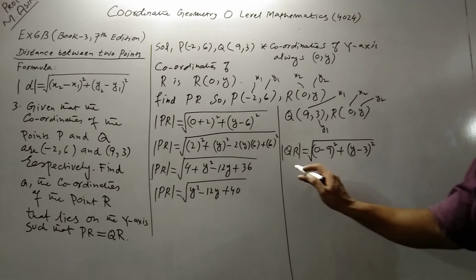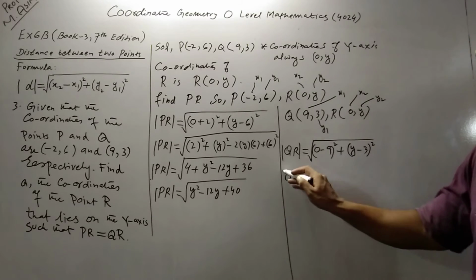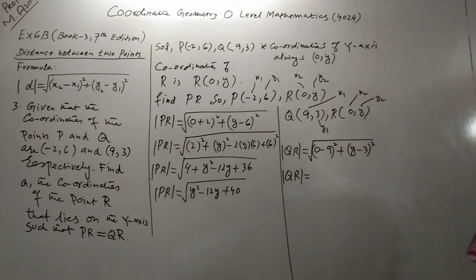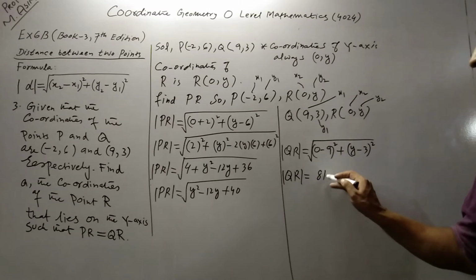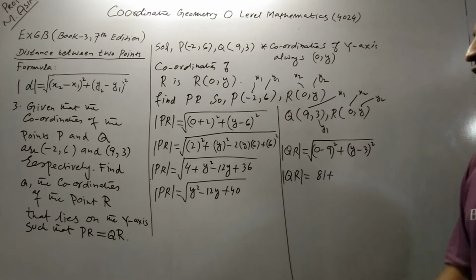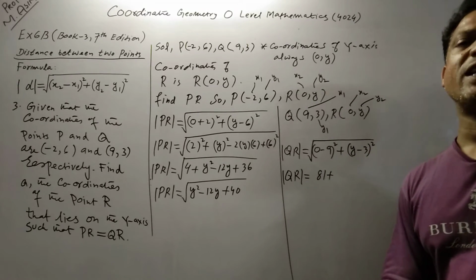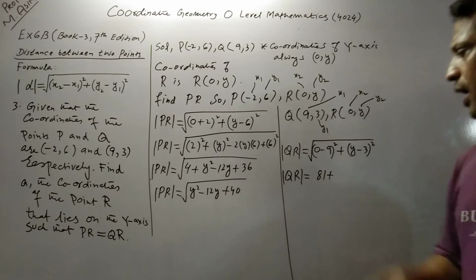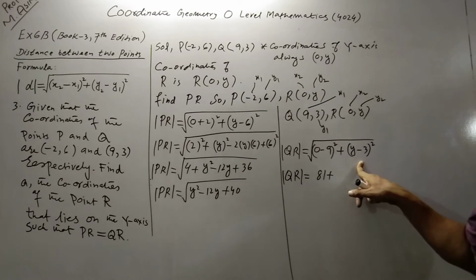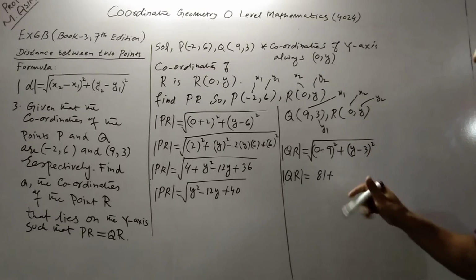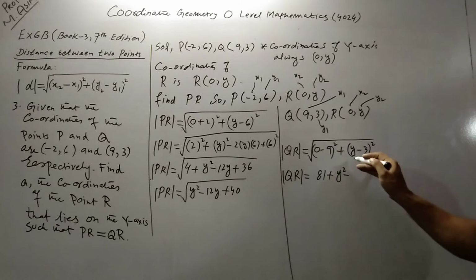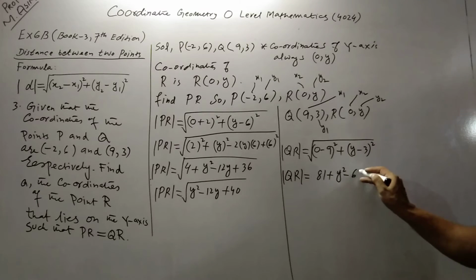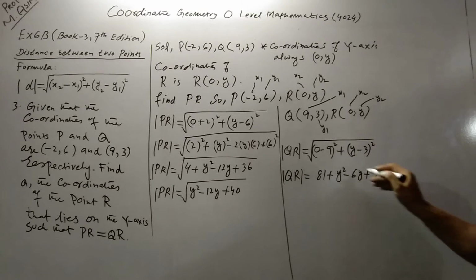Now see the simplification of distance QR. 0 minus 9 is minus 9, minus 9 square is plus 81. And again we apply the a minus b whole square formula to y minus 3 whole square, which is a square minus 2ab: 2 into y, 2y into 3, 6y, 3 square is 9.